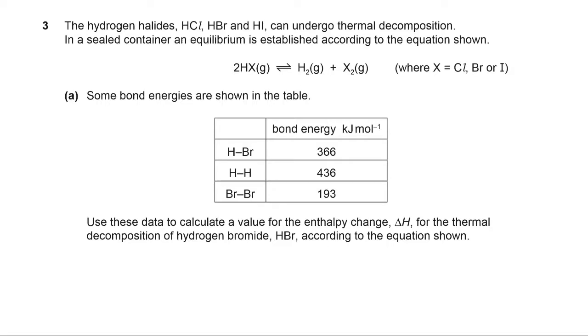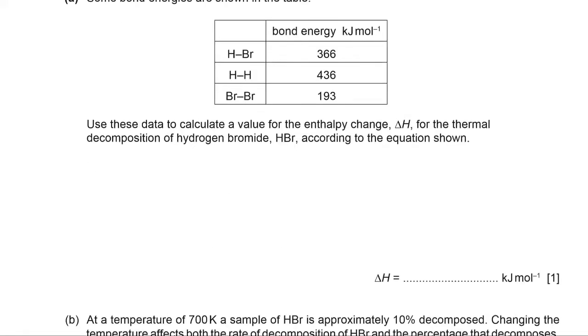Some bond energies are shown in the table. The bond energy is measured in kilojoule per mole. For HBr it is 366, between the hydrogen atoms 436, and between the bromine atoms in a bromine molecule 193. Use these data to calculate a value for the enthalpy change delta H for the thermal decomposition of hydrogen bromide HBr according to the equation shown.